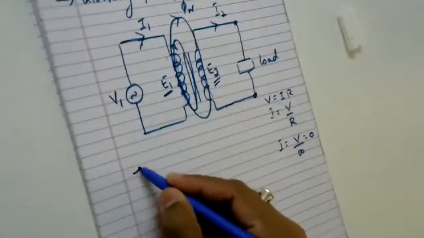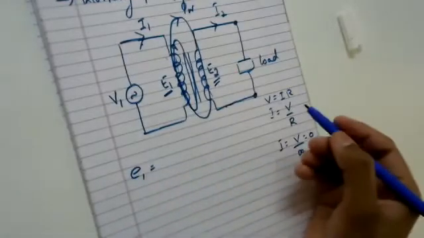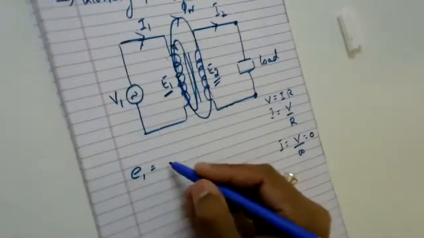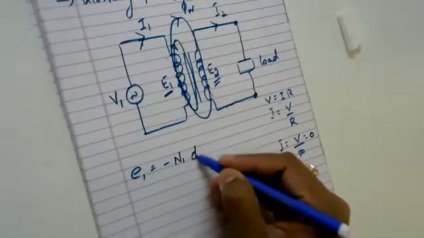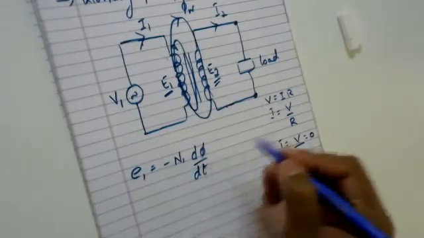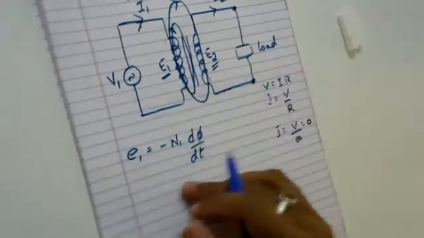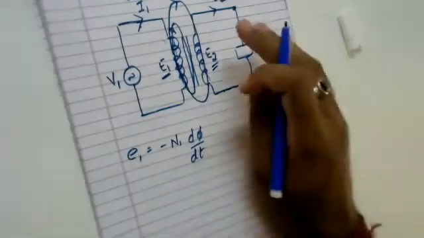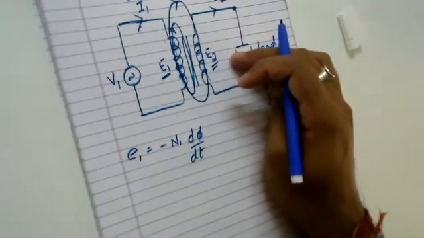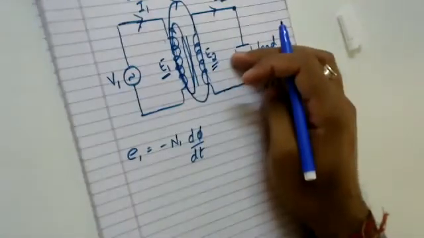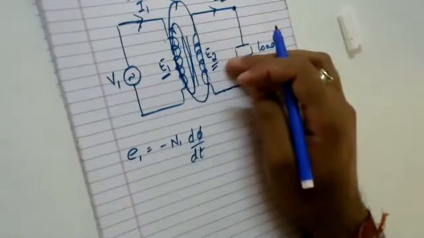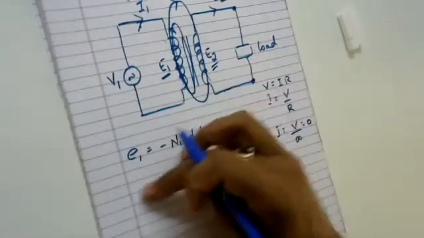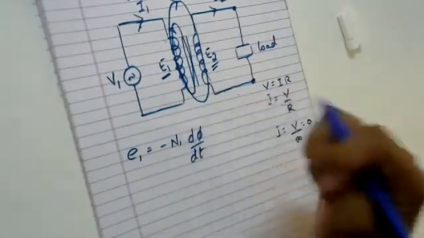Let me say that E1, the self-induced EMF, is given by E1 equals minus N1 d phi by dt. This is as per Faraday's laws of electromagnetic induction, since the transformer operates on the principle of mutual induction.